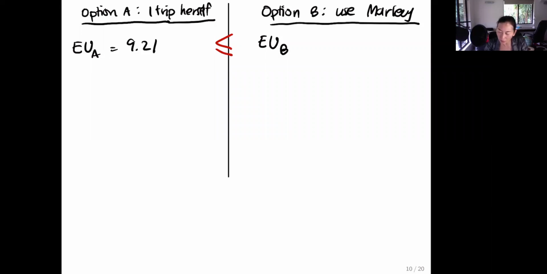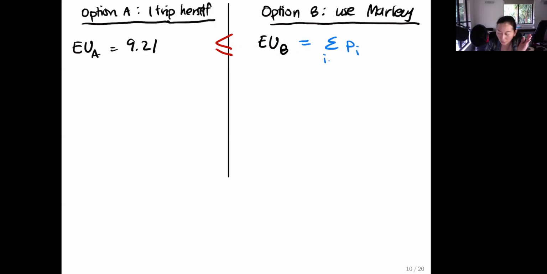EUB is equal to the summation of Pi times log of Wi.